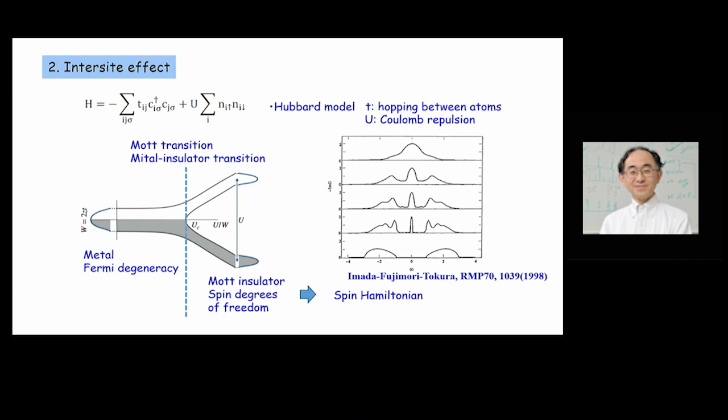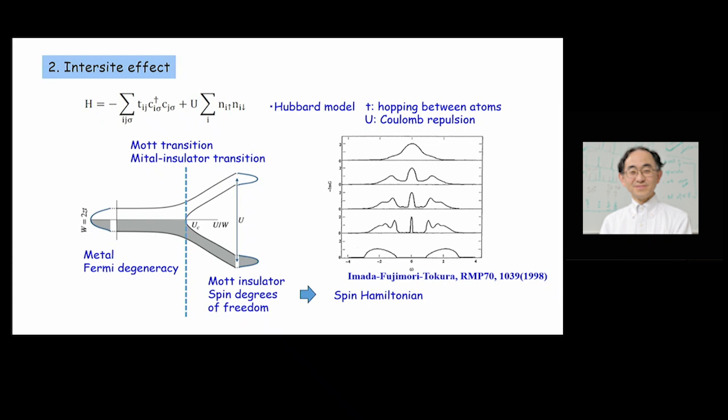Starting from zero U, you have a metal. Let's think about the half filling case, namely, only half of the electron states are occupied. In this case, you have a well-defined Fermi surface, and you have a metal. If you increase U, you still have the metal, but at some critical value, U critical, the gap opens in the electron density of states.